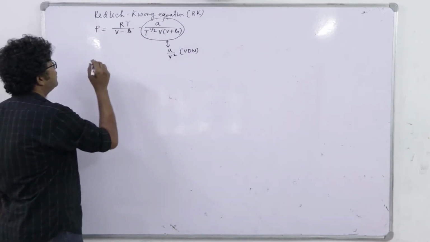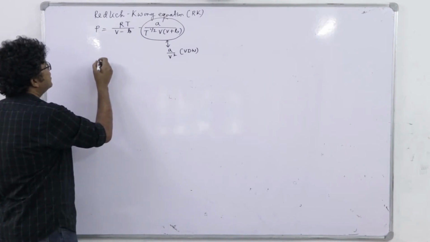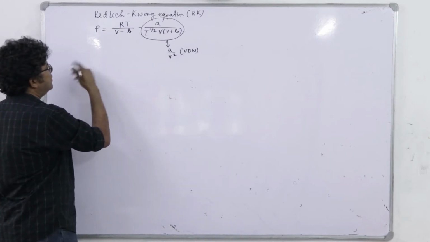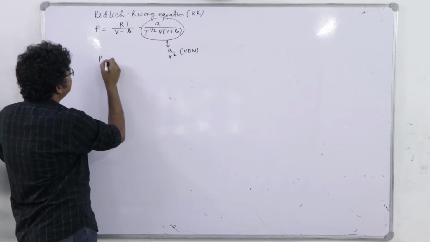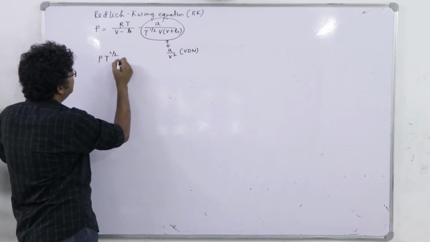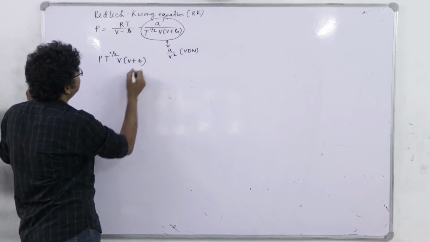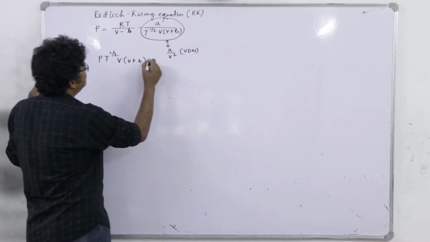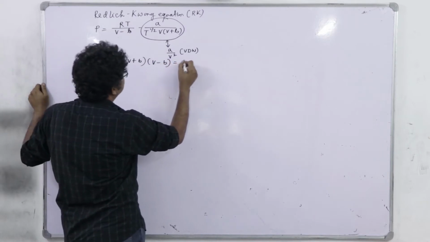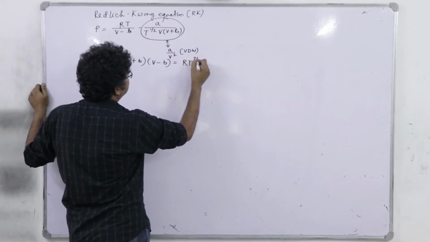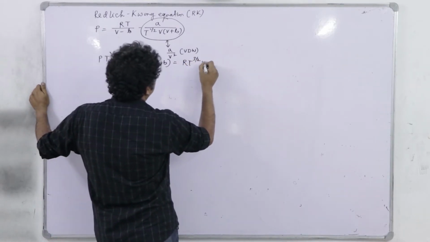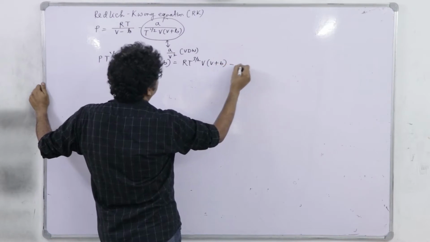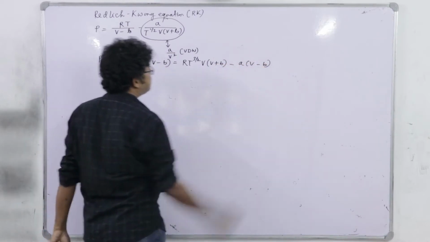In the Redlich-Kwong equation, we can again express it in this cubic form, that is, P into T to the power half into v plus b into v minus b is equal to RT to the power 3 by 2 into v plus b minus a into v minus b.